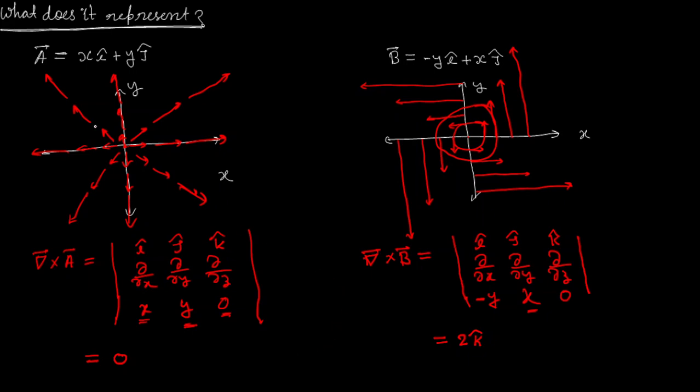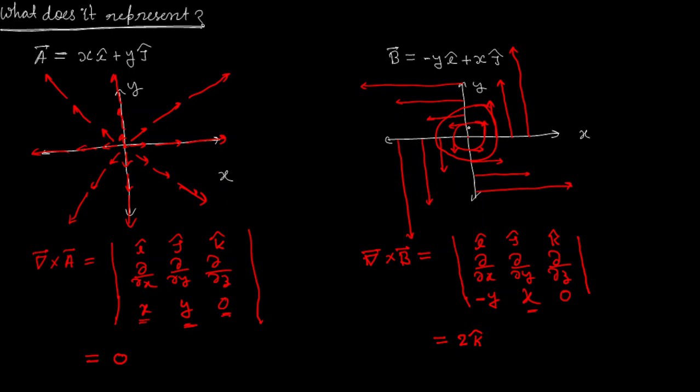Now take a look at these vectors. We have considered two vectors, A vector and B vector, where the A vector looks like it is diverging from a point source. It is not rotating about any axis. But if we look at the B vector field, this vector is rotating around the z-axis.